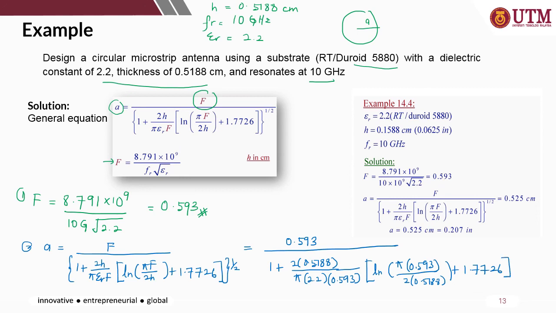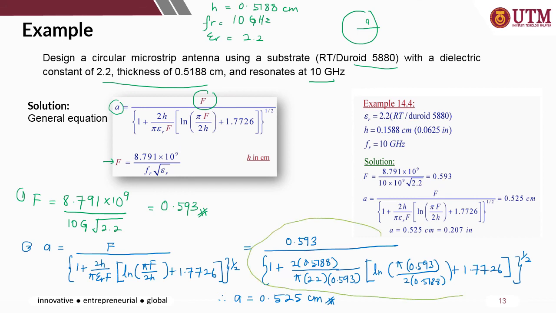And don't forget the square root, or the power of 1/2. So a is equal to 0.525 cm.